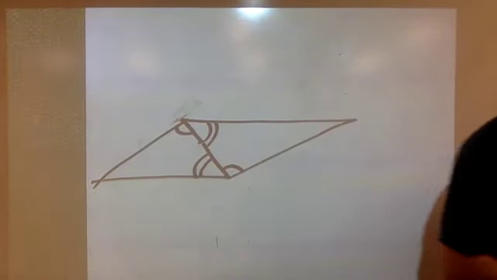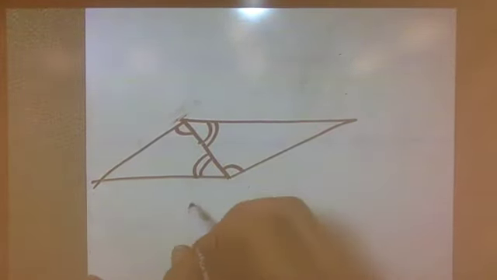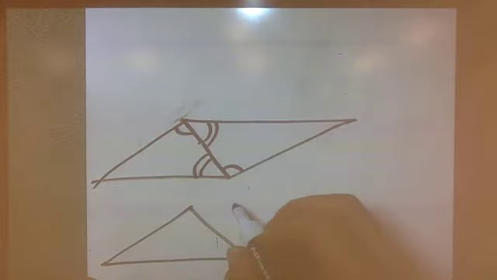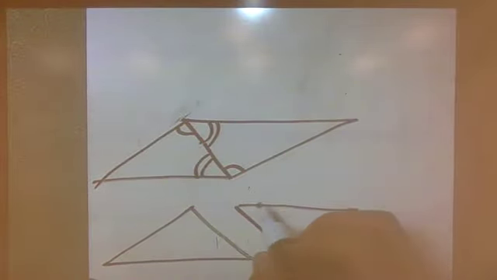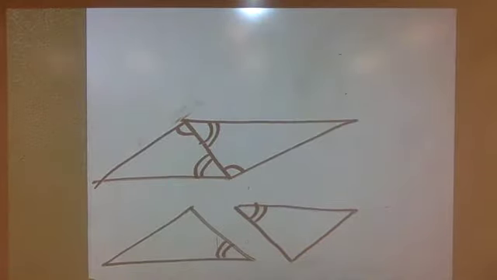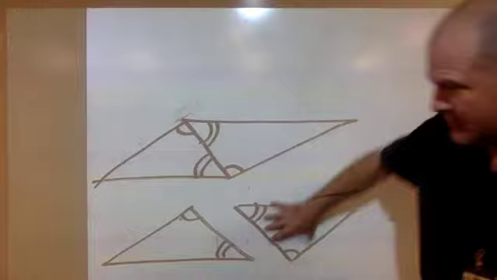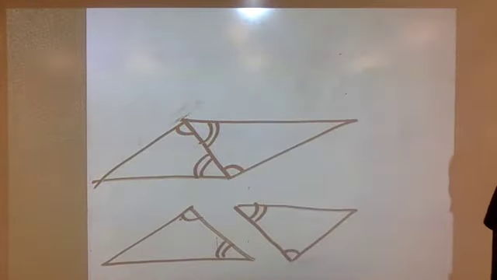So let's separate these 2 because they're connecting. So it'll look like this. And we had this angle was congruent to that one. So these triangles are basically rotated. You'd have to rotate this triangle to get them to match up exactly.